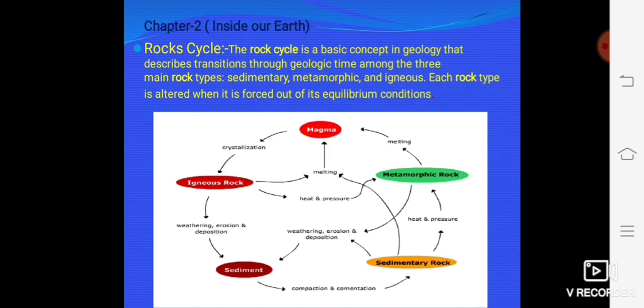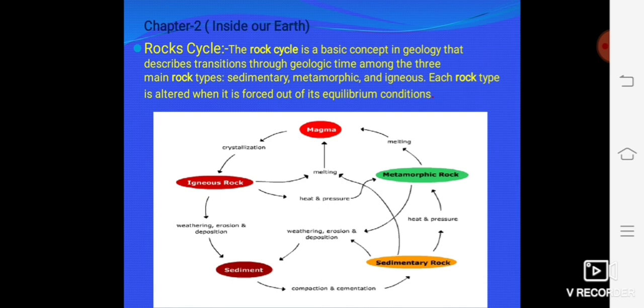Third is deposition, the settling of minerals out of a transporting medium. Fourth is erosion, the process that loosens sediments and moves them from one place to another on Earth's surface. Lithification is the process by which sediment is converted into sedimentary rock. This process includes cementation and compaction.